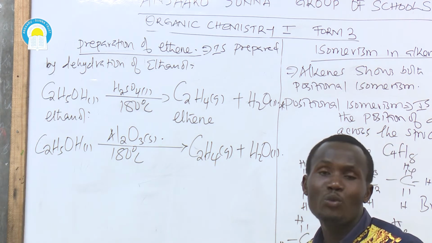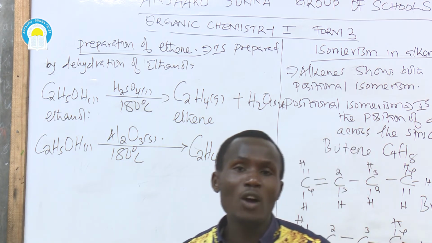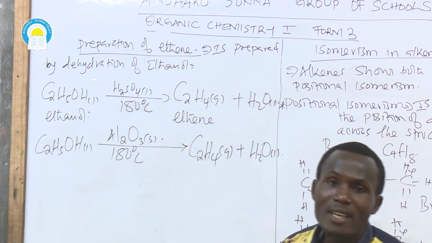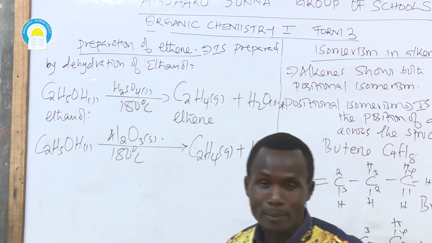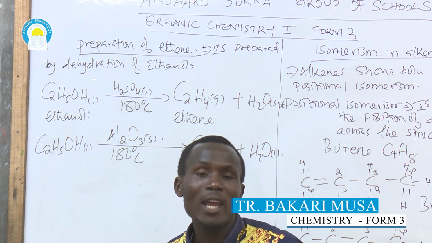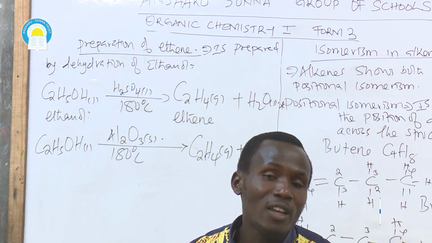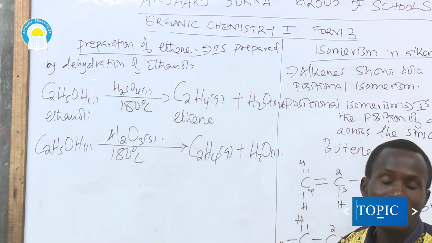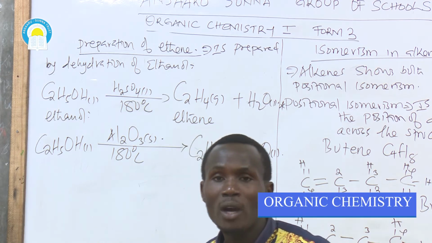So ethene cannot be collected by downward delivery or upward delivery, because its density is almost equal to that of air. The most efficient method of collecting this gas is the over water method, since it is insoluble in water. Or we can also collect it by use of a syringe.